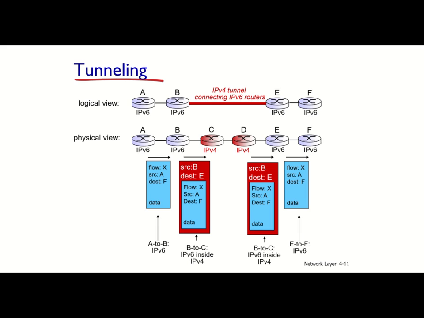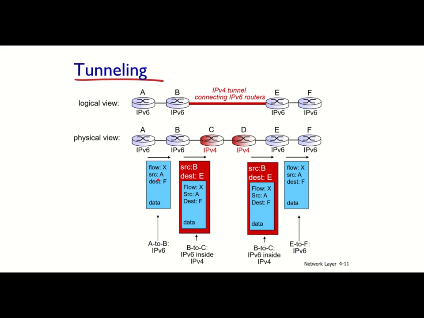The way that we implement the concept of tunneling is that assume that we have a datagram on router B. Obviously, the datagram on router B is an IPv6 datagram. As you see, it has flow numbers, and the source and destination addresses are IPv6.